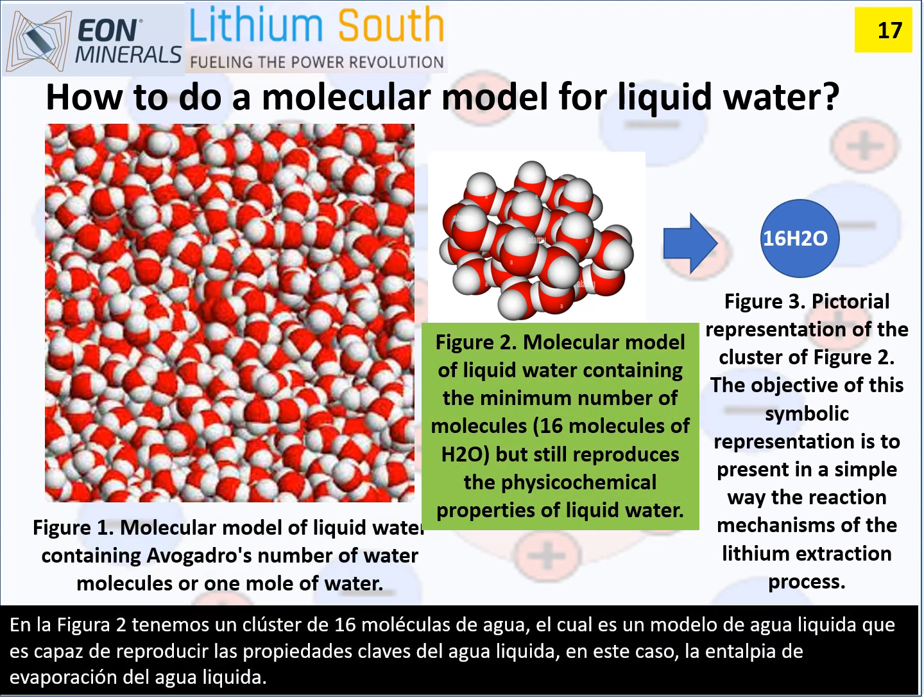In figure 2, we have a cluster of 16 water molecules, which is a model of liquid water that is capable of reproducing the key properties of liquid water. In this case, the enthalpy of evaporation of liquid water.